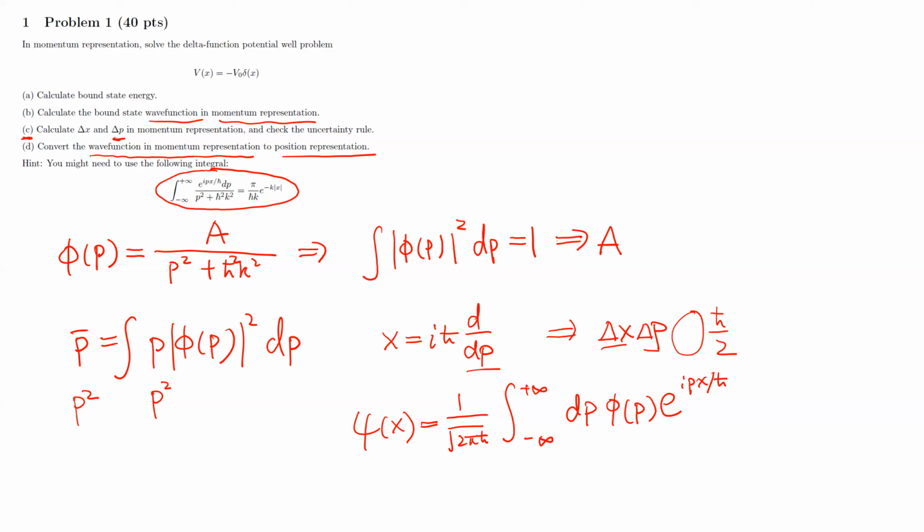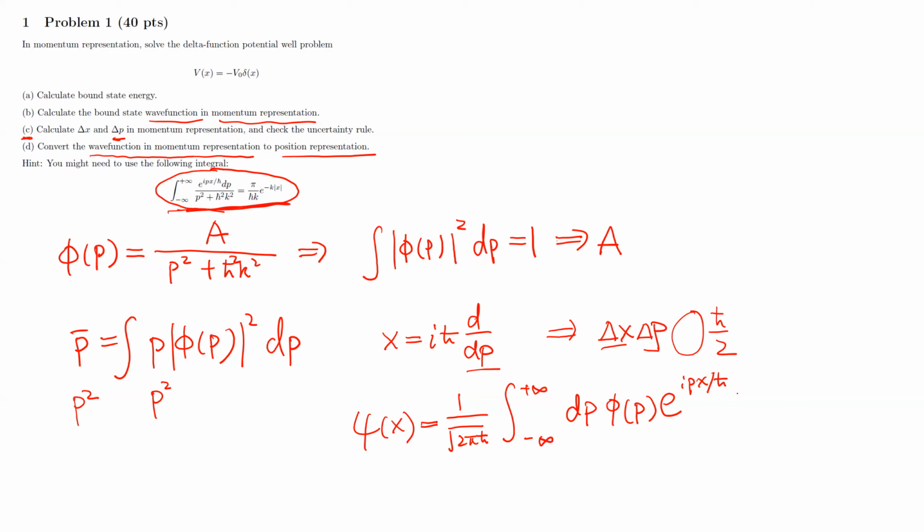Here you might need a little more complicated integral. In principle you can do that using mathematics, but it's actually not that easy because this is a complex integral instead of a real integral. In this problem, doing it by hand is easier, but if you have not learned a lot of path integral methods or something like that, it might be hard. So I just put it here. When you do this Fourier transformation using this integral, you should get the result immediately.